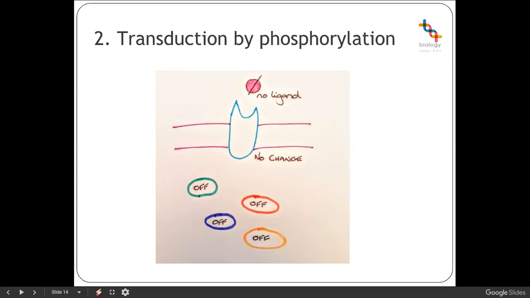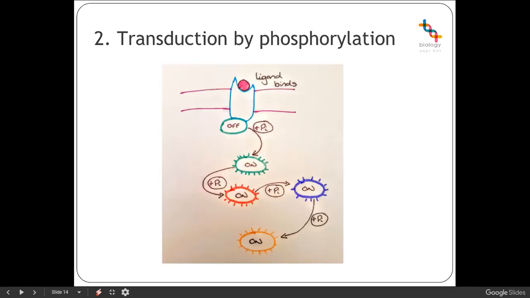In this case, our transmembrane protein is a kinase protein, and that's inactive until it's bound by the ligand. The conformational change, which is caused by this binding, results in the kinase domains of the protein becoming activated. So there are areas of this protein which are able to become activated by this ligand binding.